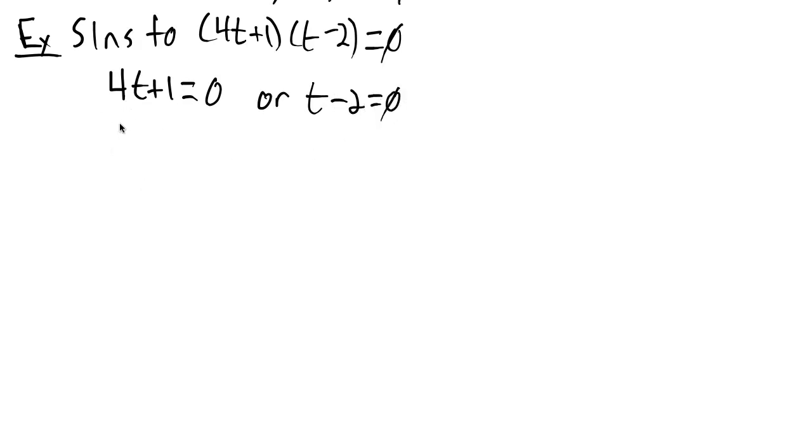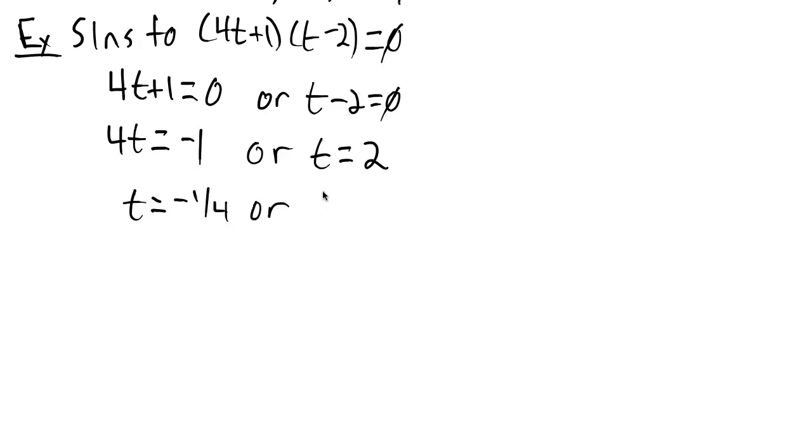So now we just solve for t. We subtract 1, and we get 4t is equal to minus 1, or we add 2, this becomes t is equal to positive 2. We can keep solving for t here. We divide by 4, we get t is equal to -1/4, or t is equal to 2. So we just solved a quadratic that was factored by splitting this up and looking at both of our terms and setting them equal to 0.